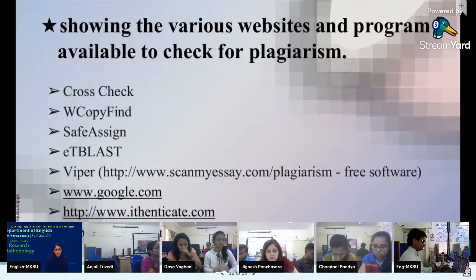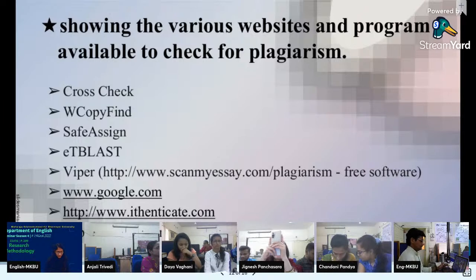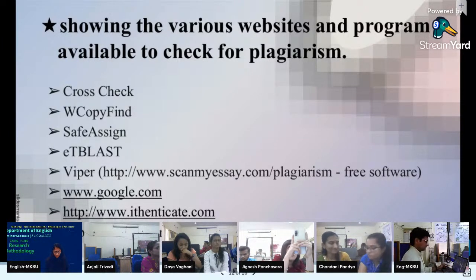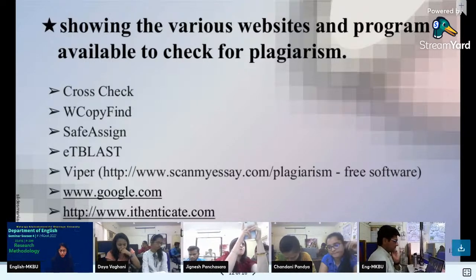Here are the various websites and programs available to check for plagiarism: CrossCheck, WordCopyFind, SafeAssign, Viper, Google, iThenticate, and Turnitin. Other plagiarism checker tools are Duplichecker, Copy Checker, Plagiarisma, PlagScan, Plagtracker, and QText.